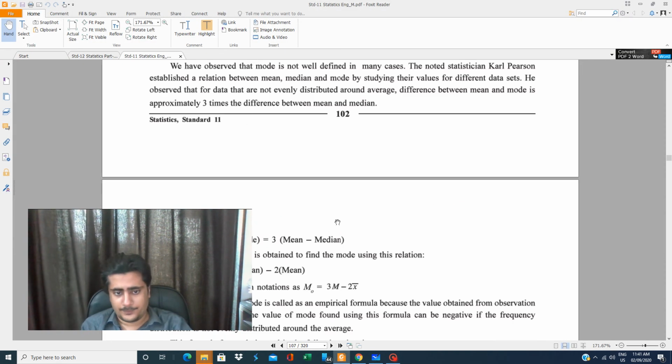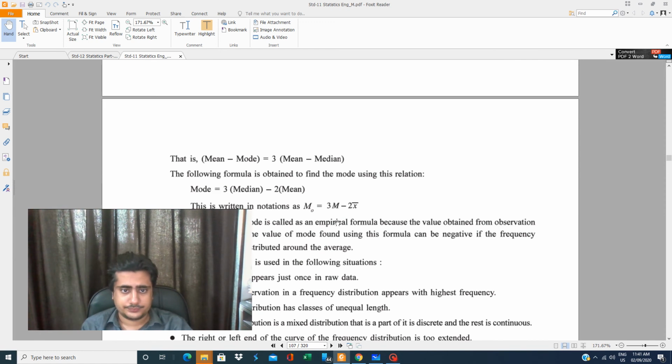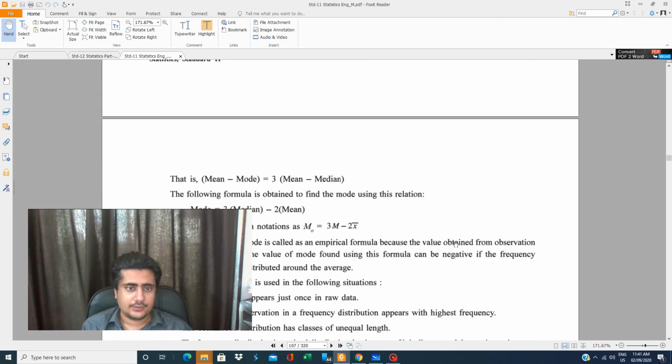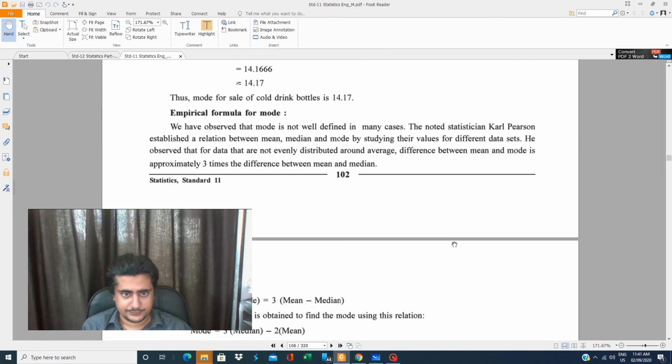Now, this empirical formula is derived from a comparison.